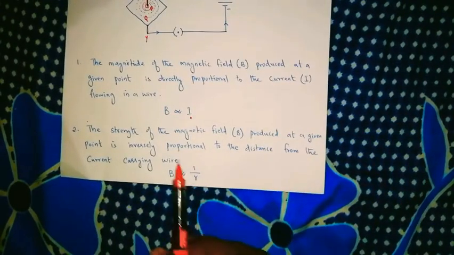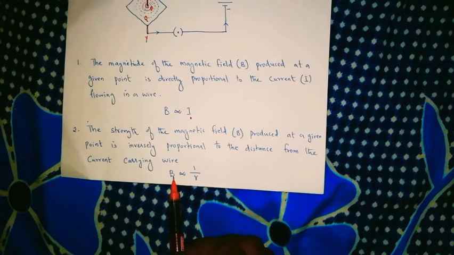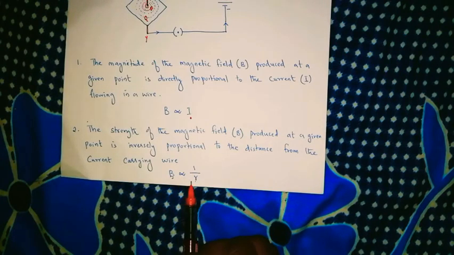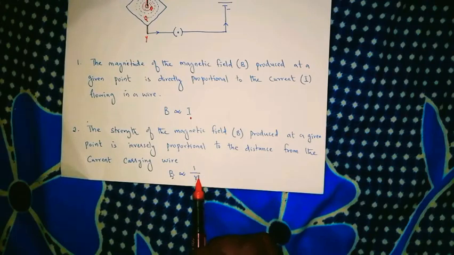Second, the magnetic field is more when it is very close, so B is inversely proportional to the radius. When the radius is less, the magnetic field is more. When the radius is a little far, the magnetic field is very less.